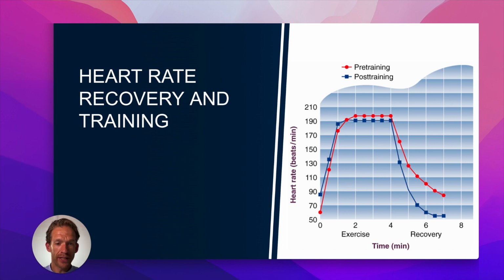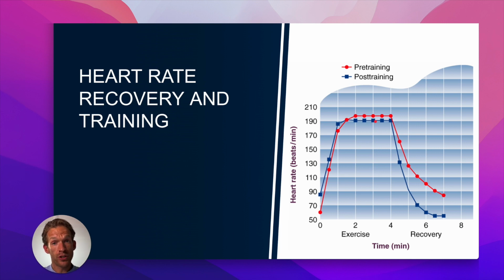Well, for heart rate, here you can see heart rate on the vertical axis and time on the horizontal axis. You can see that pre-training, the heart rate will rise, and then for any steady exercise value, you would expect the pre-training values to be higher than the post-training values. And that is simply due to an increased stroke volume that you would expect after 10 or 20 or 30 weeks of training.